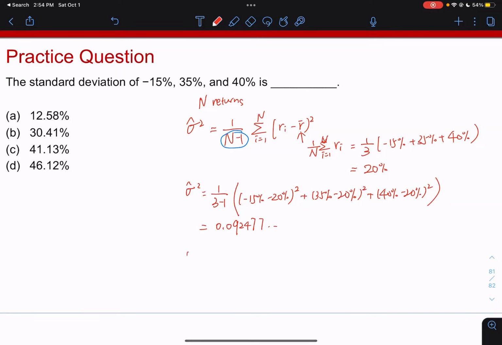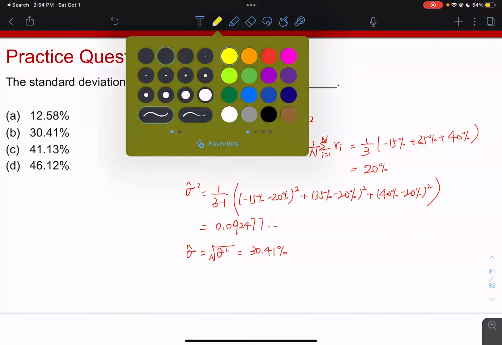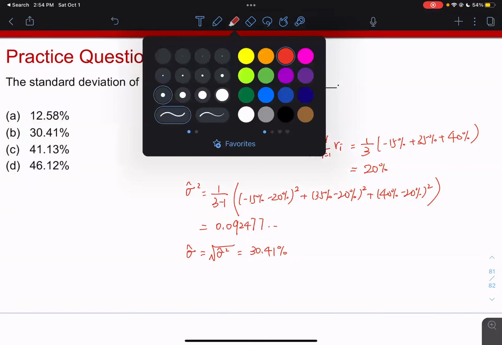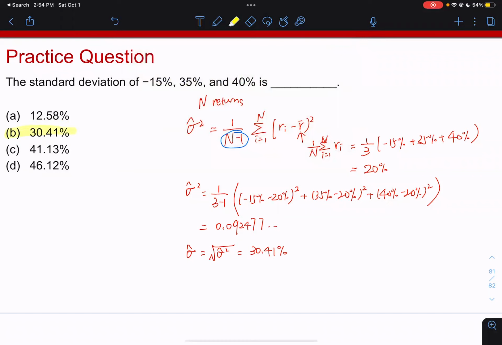And for the standard deviation, it's just the square root of everything above. It equals 30.41%. So the right answer is B. Why do I use this number?